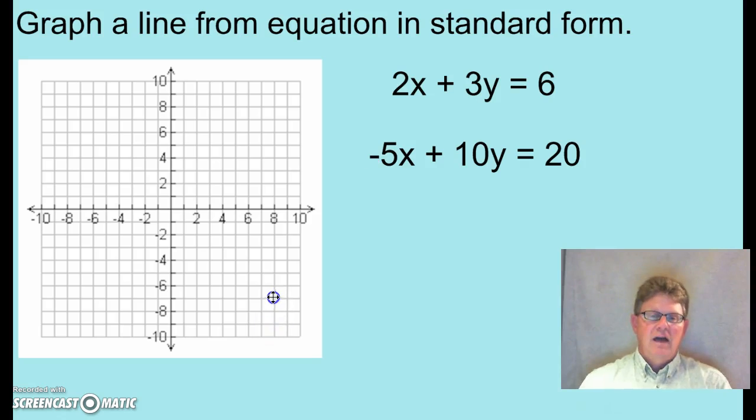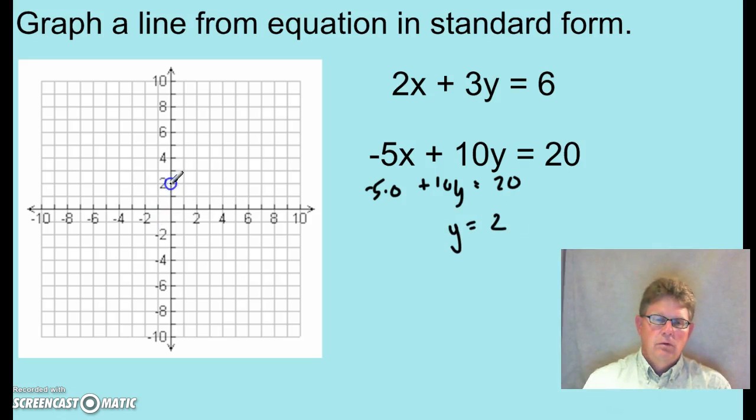Negative 5x plus 10y equals 20. Again, to find the y-intercept, set x equal to 0. So negative 5 times 0 plus 10y equals 20. Y equals 2. And then to find the x-intercept, set y equal to 0. Negative 5x plus 10 times 0 equals 20. 10 times 0 is 0.